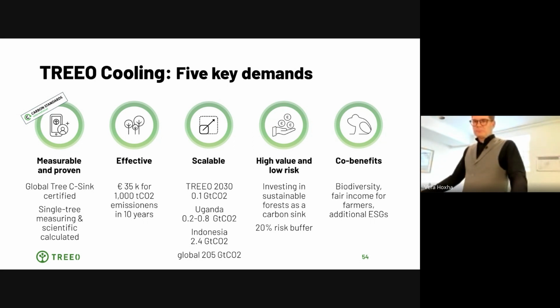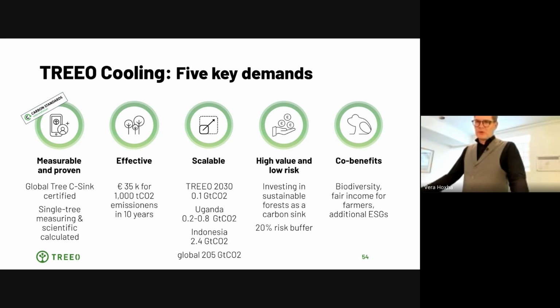It's also scalable. At TREEO, we have our business target in 2030 to go to 0.1 gigatons of CO2. In the time frame, the IPCC scenario requires about 4 to 5 gigatons in the lower scenarios and up to 12 gigatons per year of removals from nature-based solutions. You see that even the IPCC is scaling up their demand a lot.